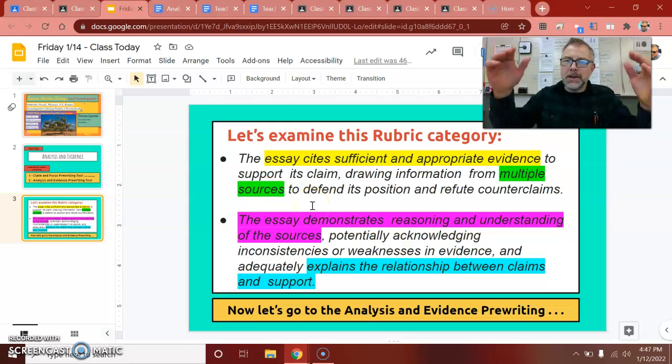And then when we write our commentary, that is us sharing our reasoning and understanding and explaining the relationship between claims and support. These all sound real complicated, but they're something we've been practicing all year long and you're really good at, I hope. So think of your paragraphs in your current events, and it's concrete detail with commentary, okay?